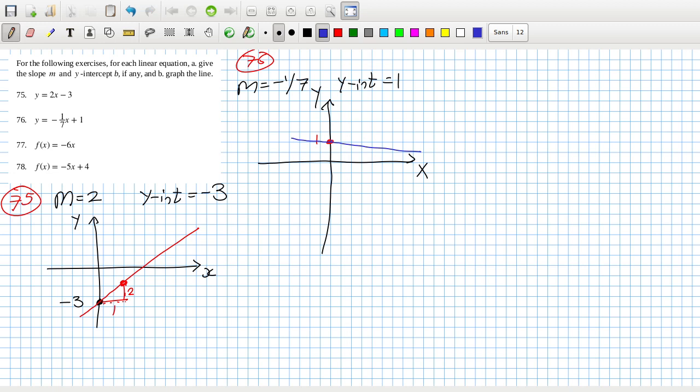So you would have to travel out 7 units before you drop 1. So this point here would have to be a 7. So you'd have to travel out 7 units along the x before you drop 1 unit on the y.